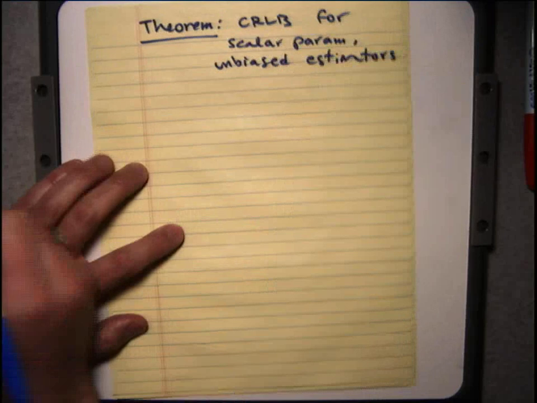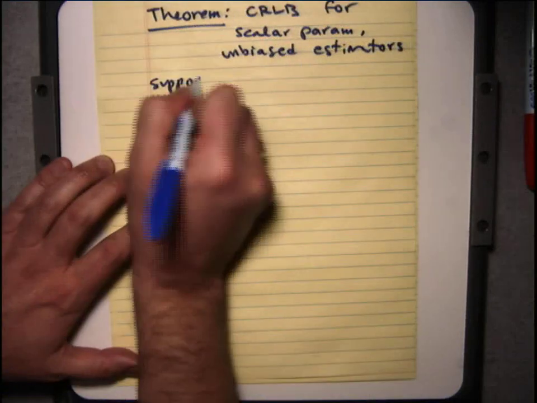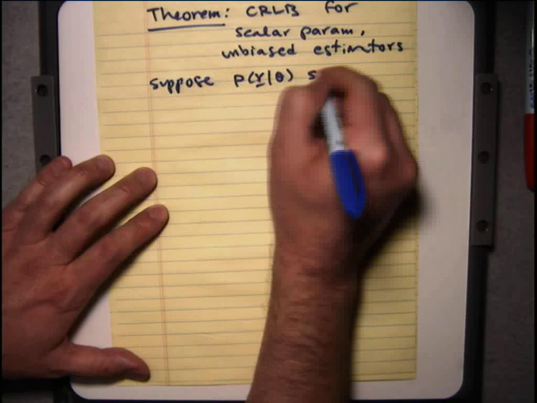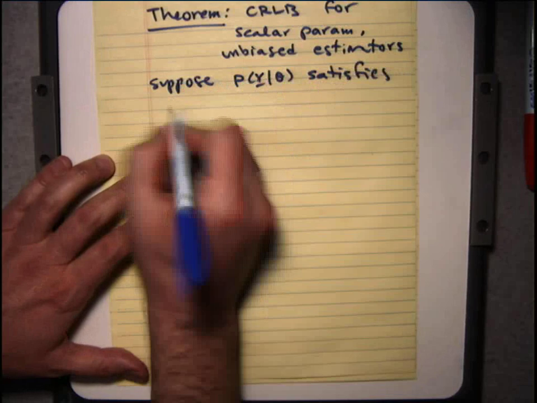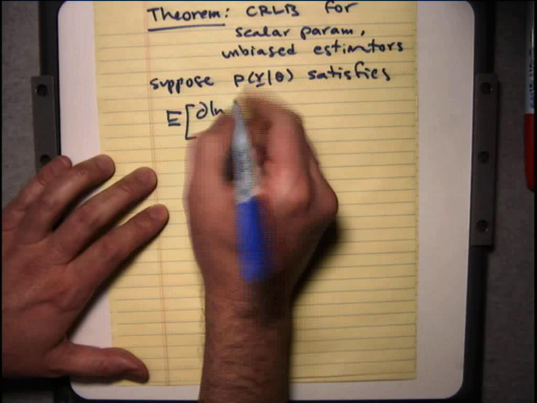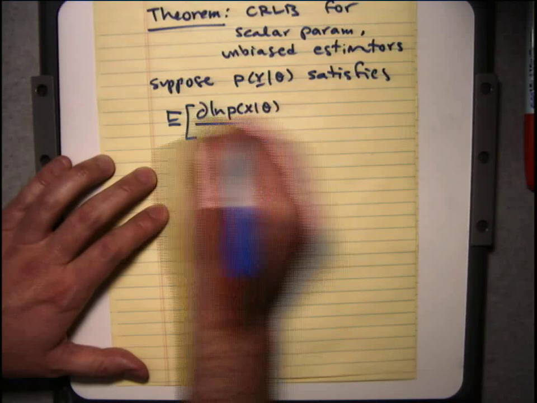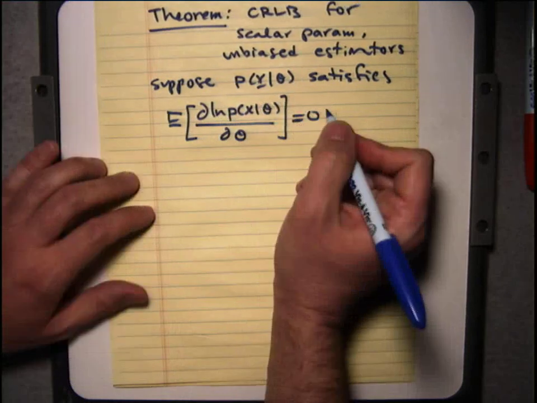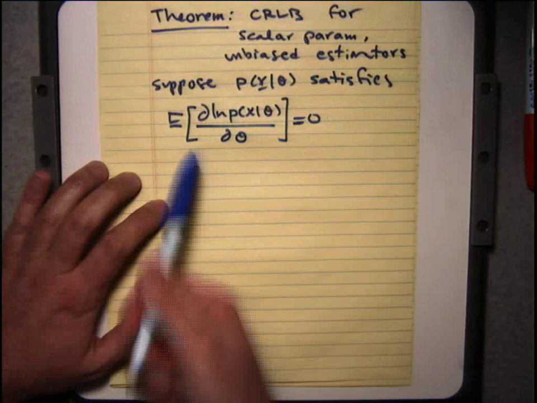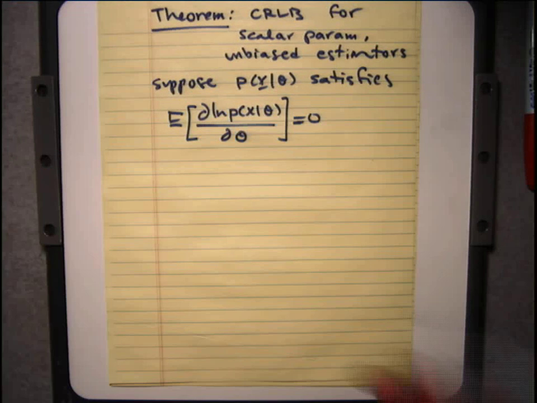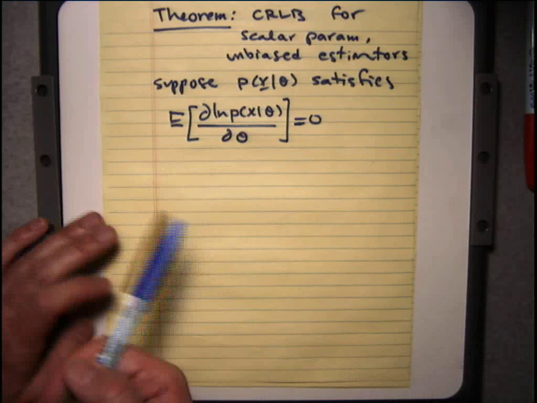Okay, what it says is the following. Suppose that the PDF of x given theta satisfies the following condition: the expected value of the derivative of the log of the PDF is equal to 0. This is not a weird condition at all. Turns out this condition is almost always true, except when the PDF behaves very strangely. Okay, so this is not a very onerous or difficult condition to satisfy.